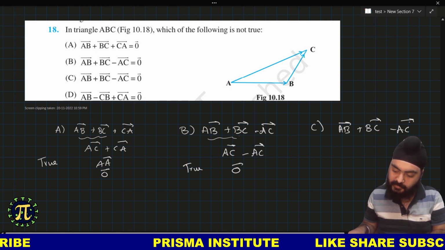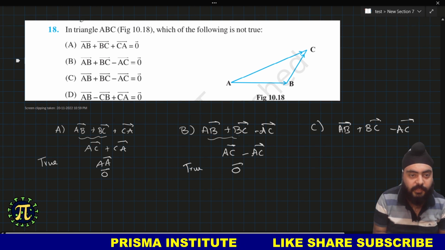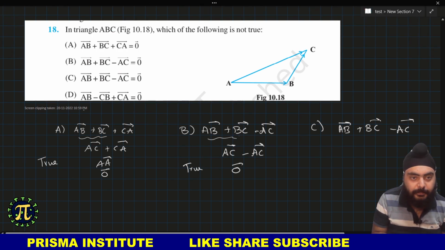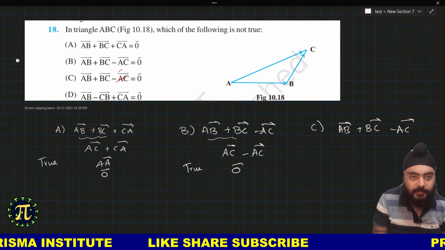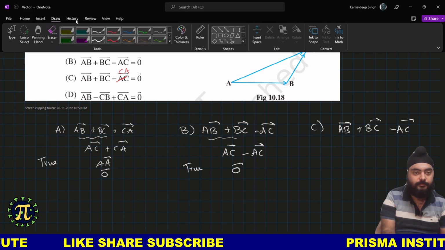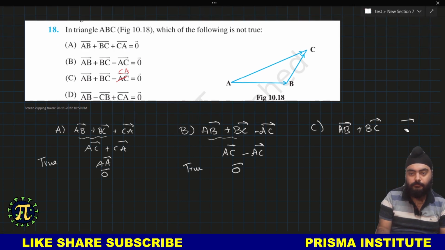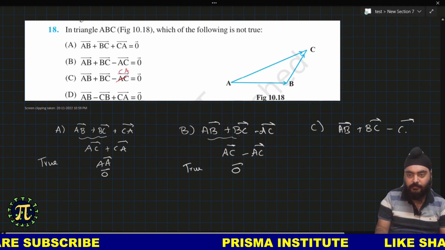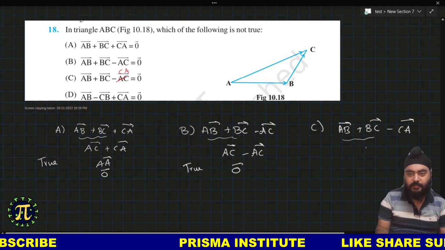It is AB, BC and minus CA in most of the NCERTs. So I will correct it here, minus CA. Okay. So I will change that option.